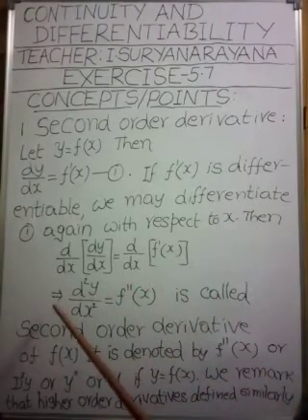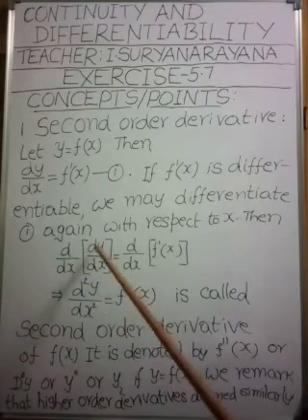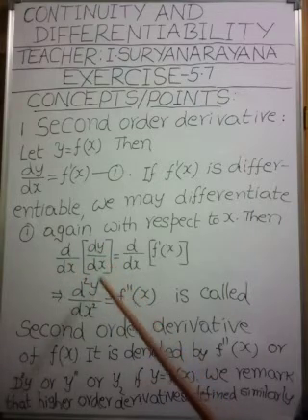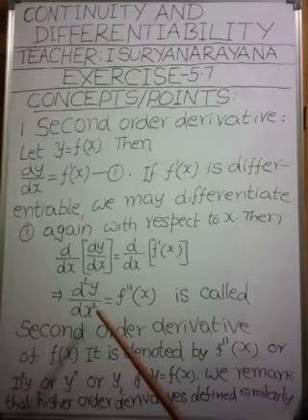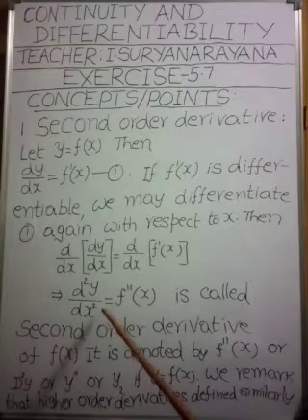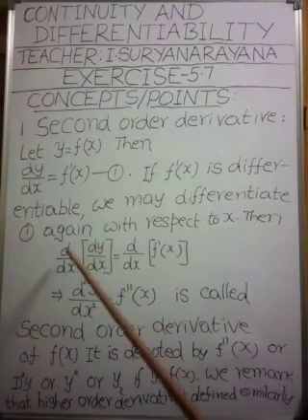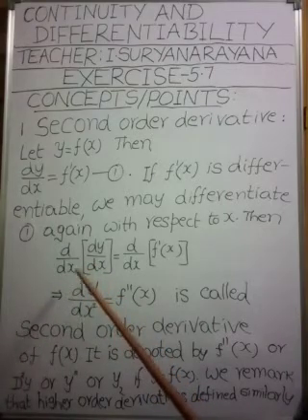Right. This implies in LHS, this notation d by dx of dy by dx is written as d square y by dx square. Remember this one, my dear children. Don't multiply algebraically d into d square y by d square x square. Don't confuse here.